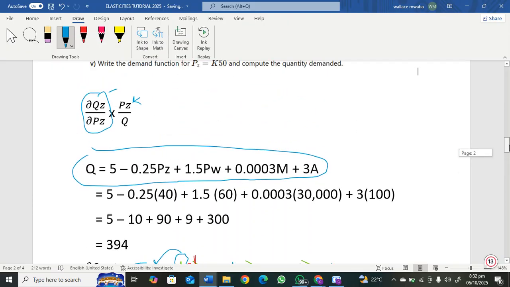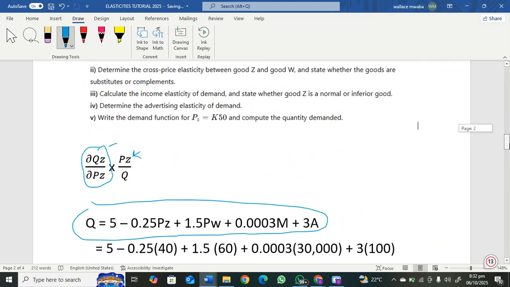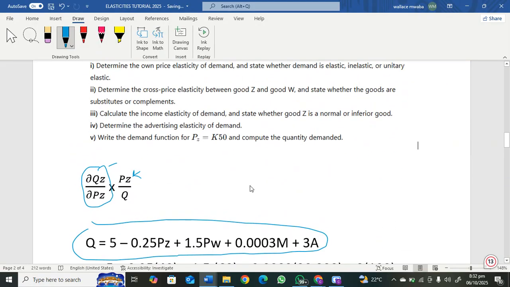Okay. So as I said, this is the trick that you can use. Let me write the demand function here.